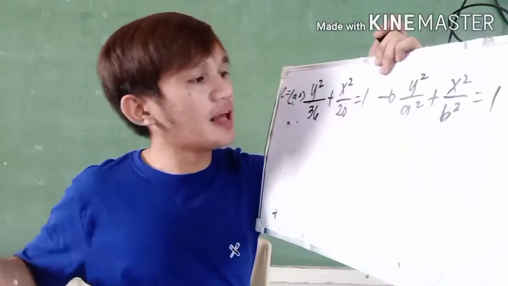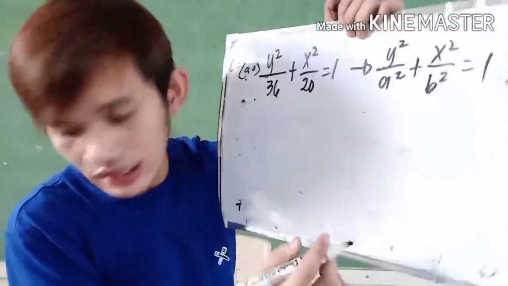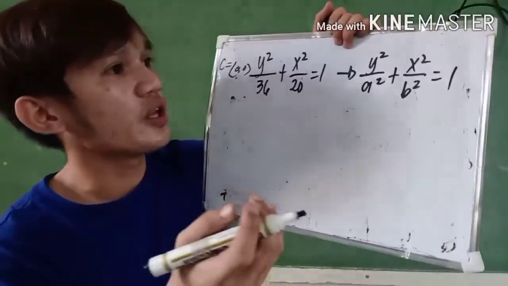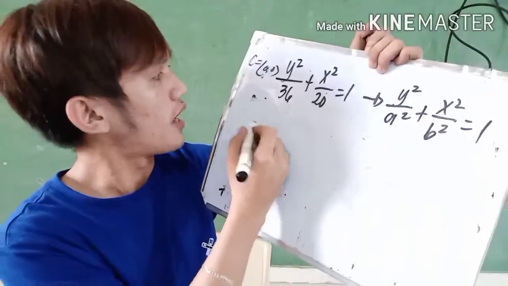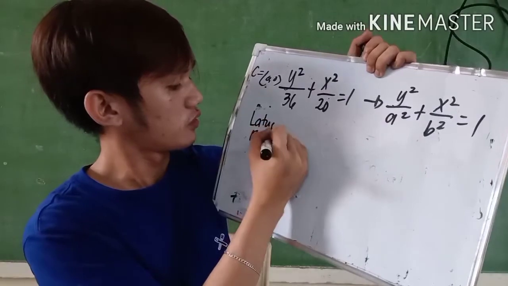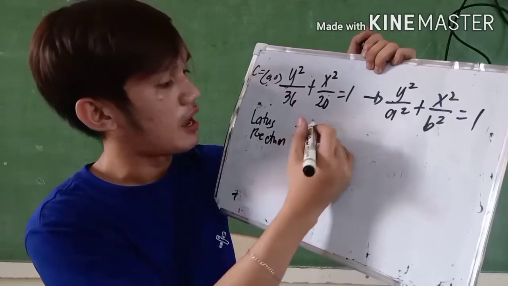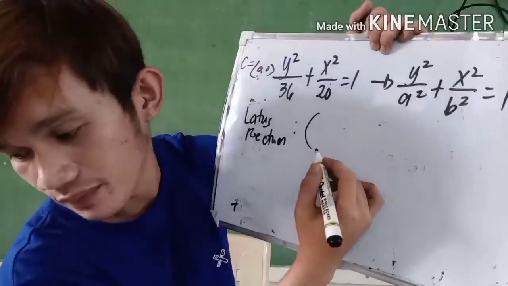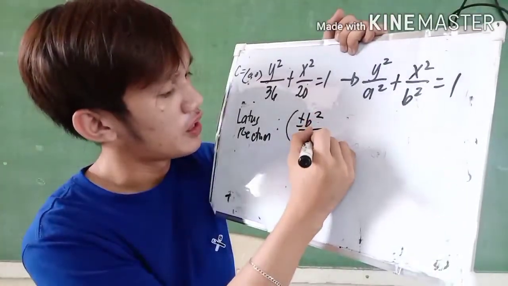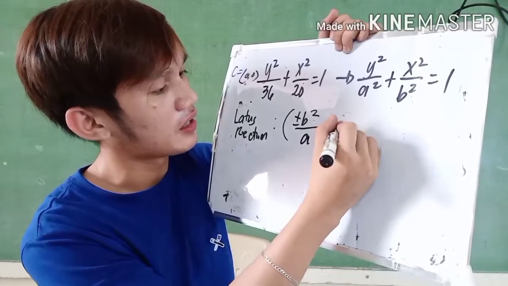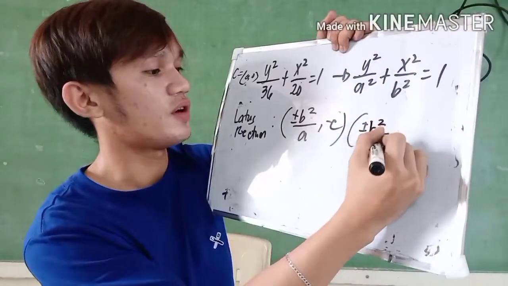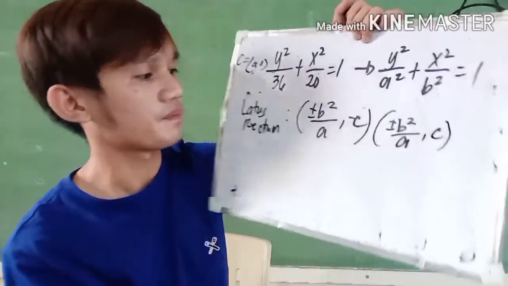So para makuha naman natin yung endpoints ng ating latus rectum, you are just going to use the formula for the latus rectum. Ang formula po natin dito is plus or minus b square over a and negative c, while the other one is plus or minus b square over a positive c.